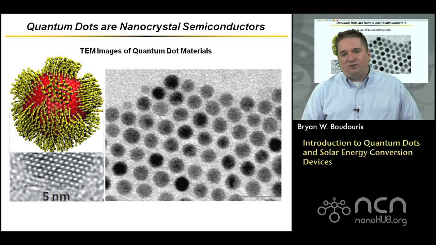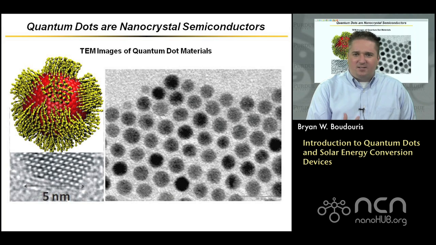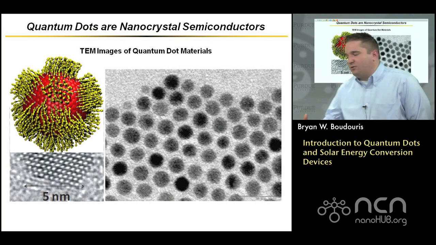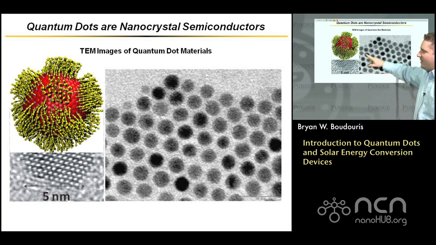Now, a transmission electron microscope works based on electron density contrast, and something that's a big inorganic semiconductor has a lot of electron density, so it appears bright in these images. And these ligands here are mostly carbon, and these carbons don't have a lot of electron density, so they appear as dark spots. So there's really not a gap here. It's really these little green guys that you can't see interpenetrating each to each other.